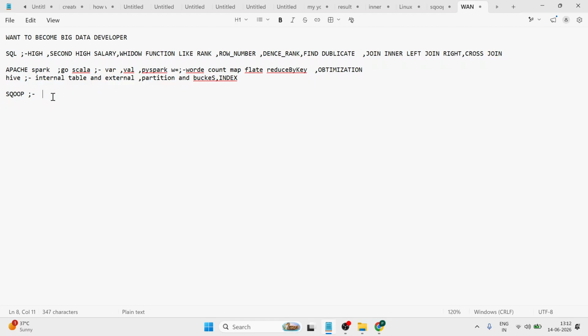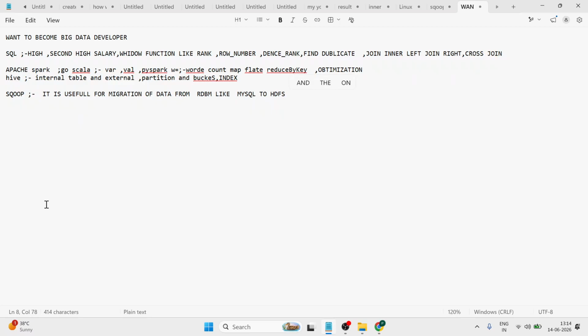So here we can think it is useful for migration of data, right, from a relational database management system, like MySQL, to HDFS.